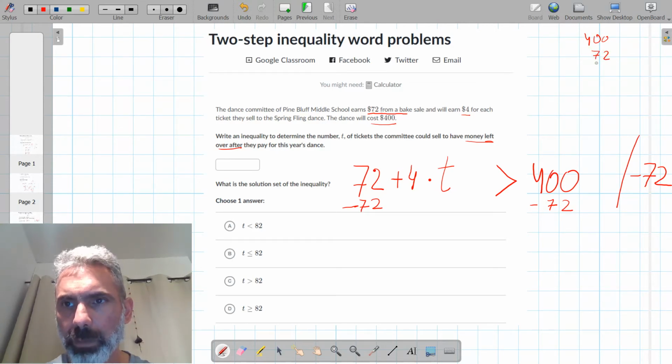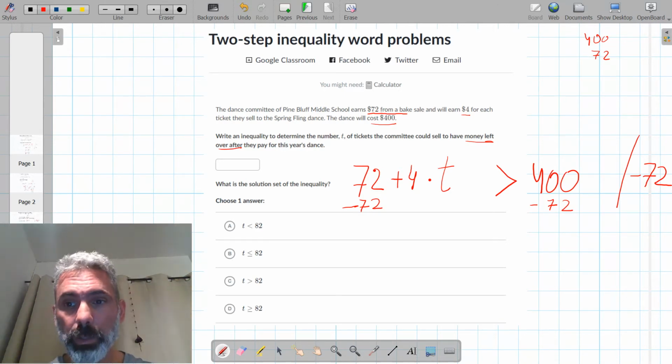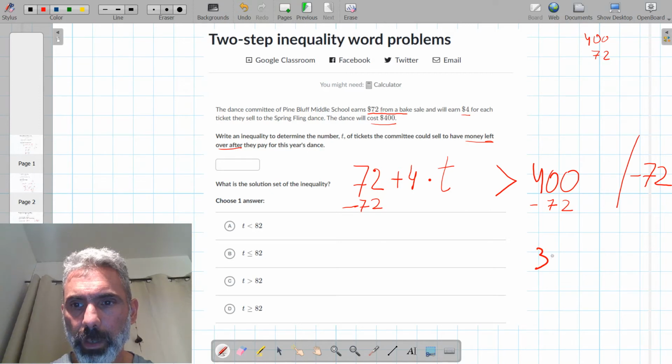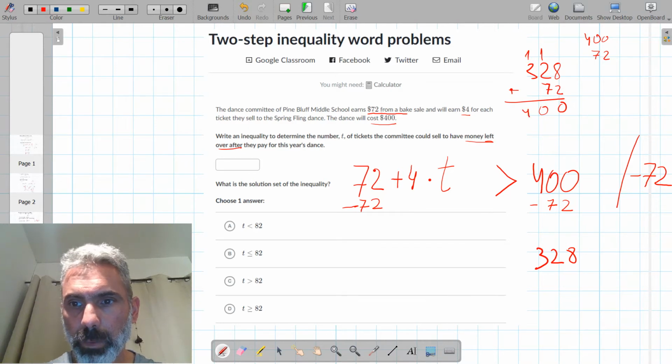To go from 72 to 100, I need to add 28, so it's 328. Make sure it's 328 plus 72. 1 plus 2 is 3, 3 plus 7 is 10, and this is 4, yeah.